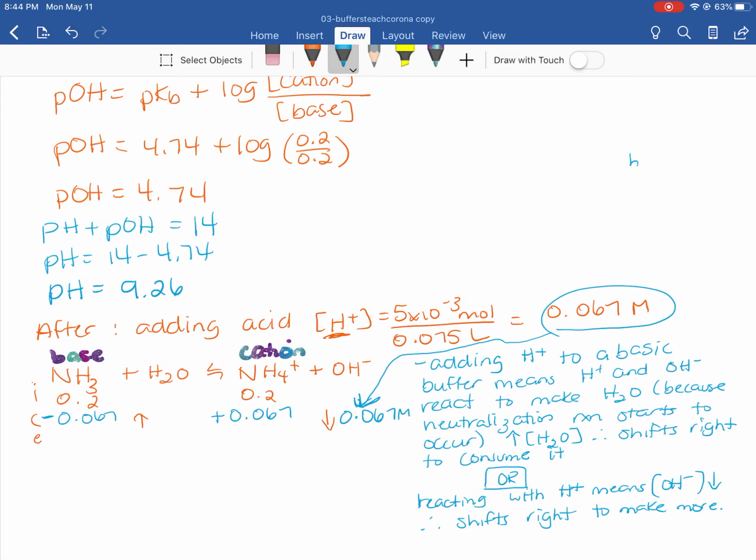And to be honest, in a vessel, it's not like it tells us, hey, this is what's happening, this is why it's shifting. So all we can do is use the chemistry concepts and apply them in both ways. Okay, so this is 0.267 and 0.133. And now we are ready to go back and do pOH.